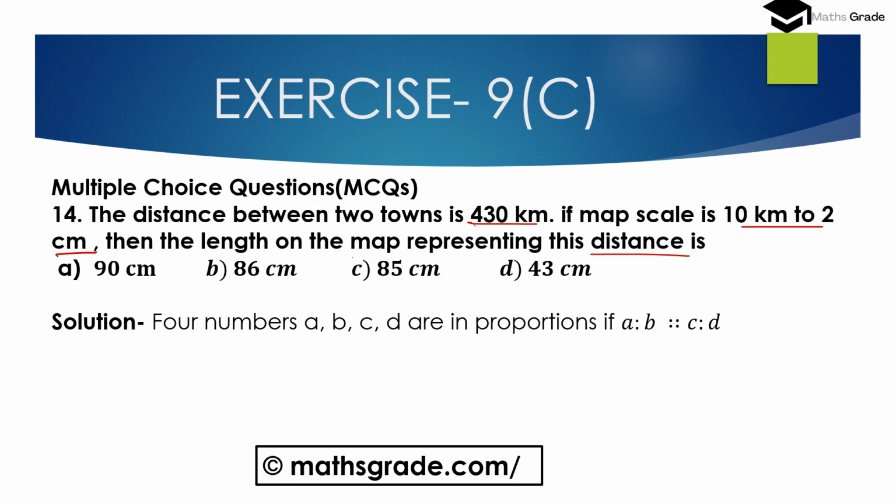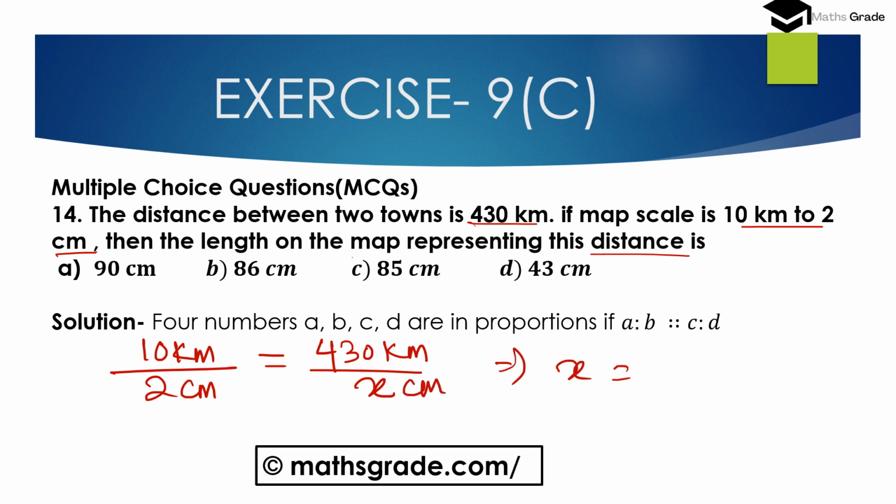So the map scale ratio is 10 km to 2 centimeter, which is equal to 430 kilometer to x centimeter.